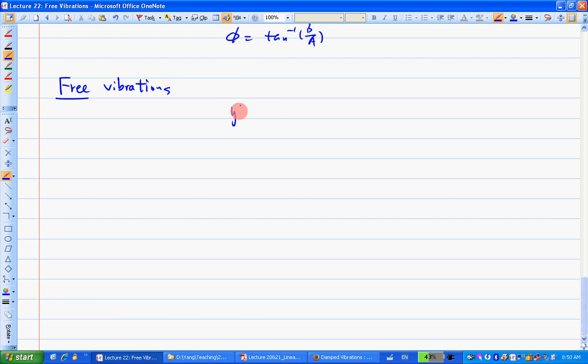When I have a second order ODE, a y double prime plus b y prime plus c y equals 0, this 0 brings the meaning of free. The vibration is not under the influence of an external force. It's purely because of the initial conditions.